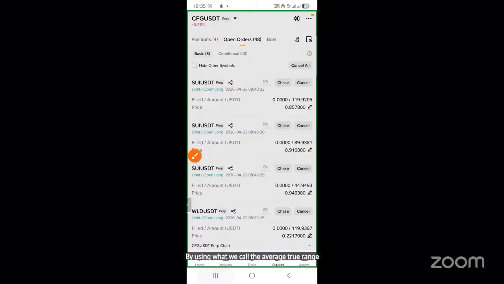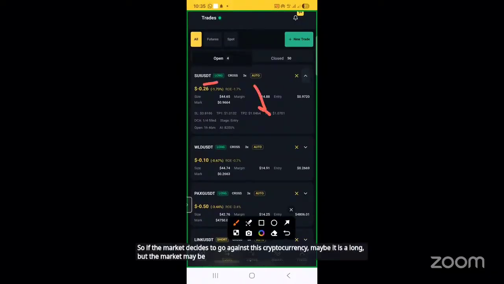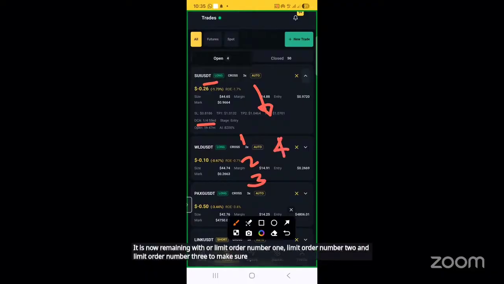So if the market decides to go against this cryptocurrency, maybe it is a long, but the market maybe crashes, it will trigger those limit orders on Binance and they're going to be filled. That's why here you can see in DCA, it has only filled the one, which is the entry. It is now remaining with limit order number one, limit order number two, and limit order number three to make sure it gets 4 out of 4 on the limit orders.